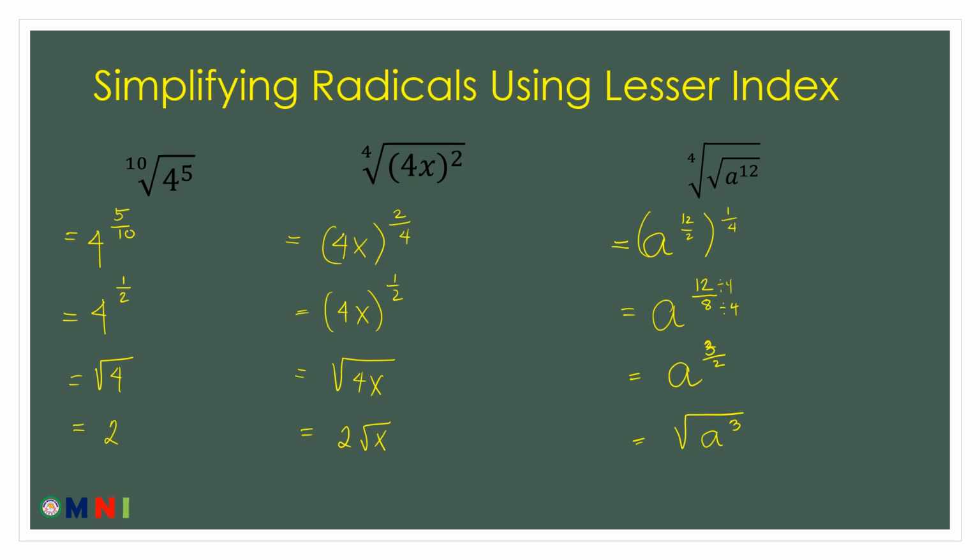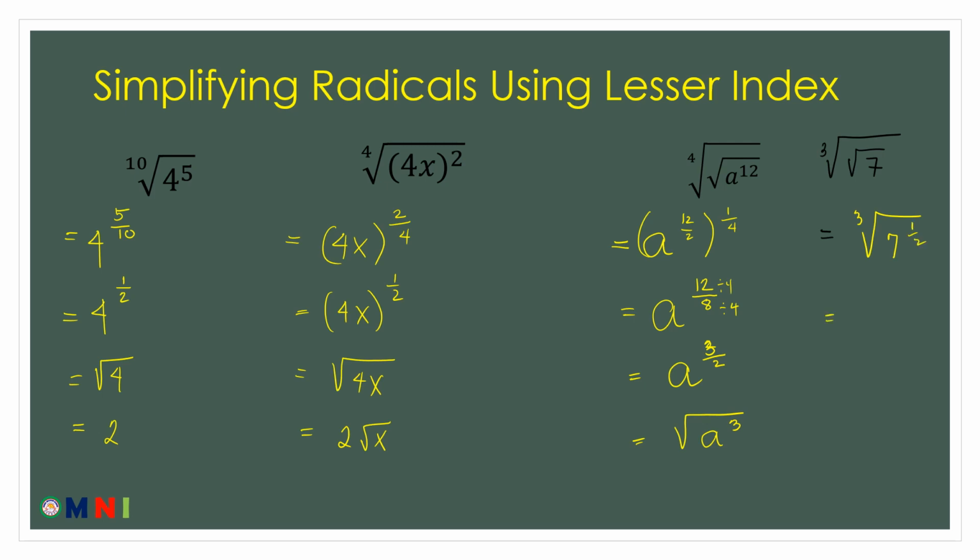If you want to have an example with radical and coefficient, so let's try, for example, we have the cube root of the square root of 7. So what we are going to do here is, of course, we write it in fractional exponent. We have here, it's actually the cube root of 7 raised to the power of 1/2, right?